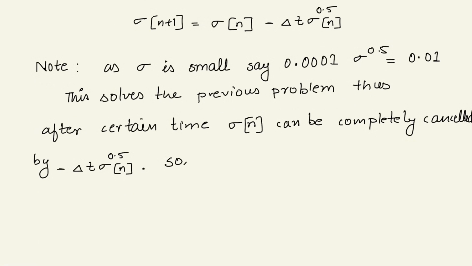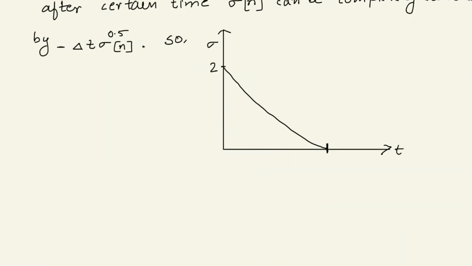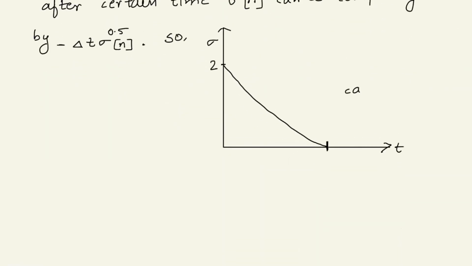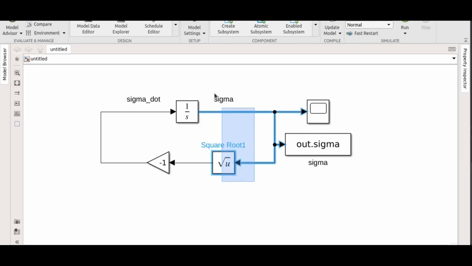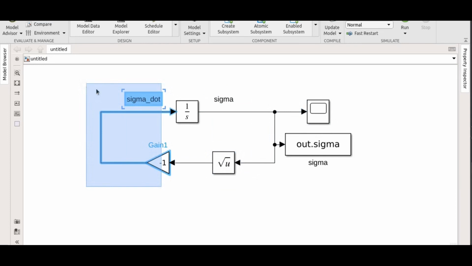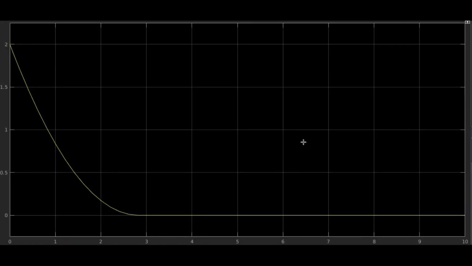Because of this, even before time goes to infinity, the factor of sigma can go to 0. We can see the same in a simple simulation. We can see the sigma going to 0 in a finite time.